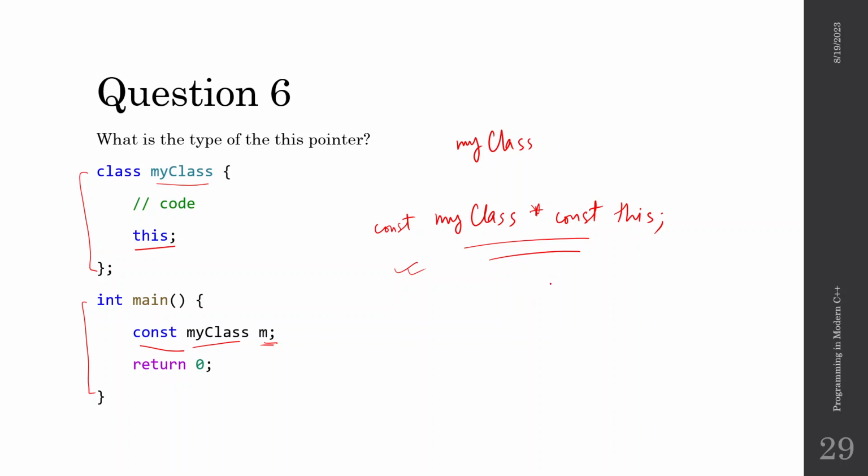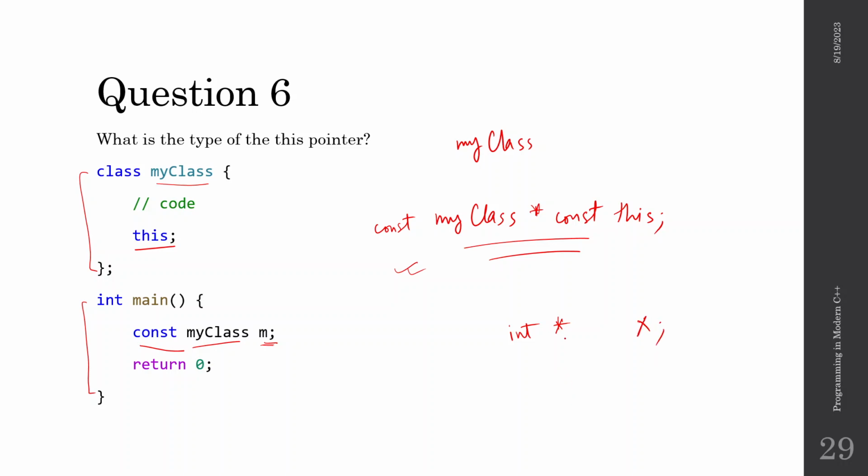If you don't remember, when you have a pointer and there are consts, how do we differentiate? Suppose we have an integer pointer, something like int *x.